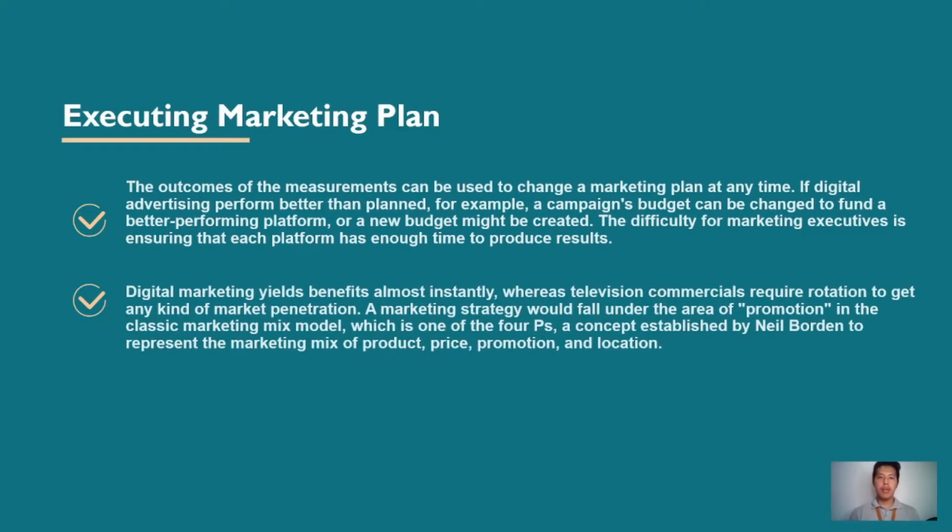After all of the plans are created and crafted, you have to execute the marketing plan. The outcomes of the measurement can be used to change the marketing plan at any time. If a digital advertising platform is performing better than planned, for example, the campaign's budget can be changed to favor the better-performing platform, or a new budget might be created. The difficulty for the marketing executive is ensuring that each platform has enough time to produce results.